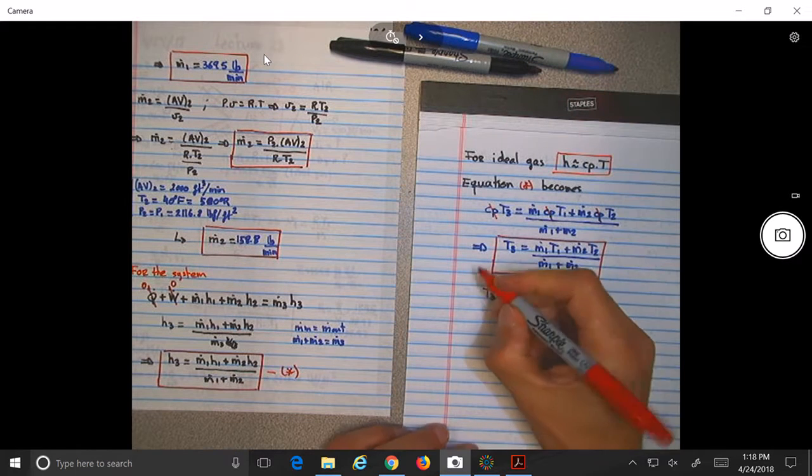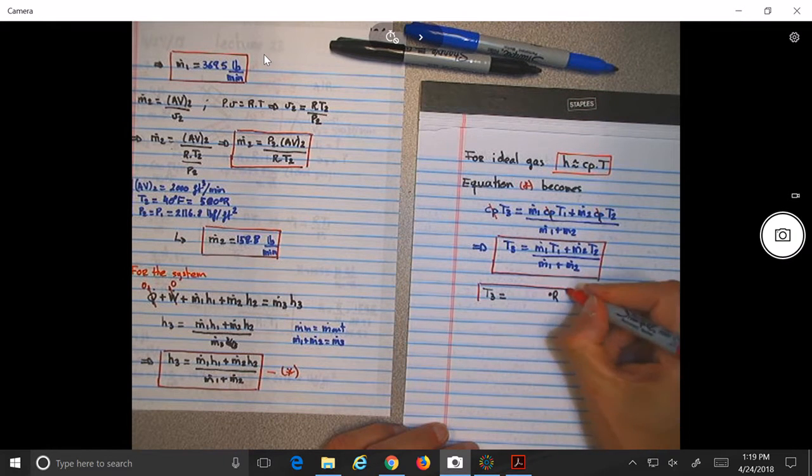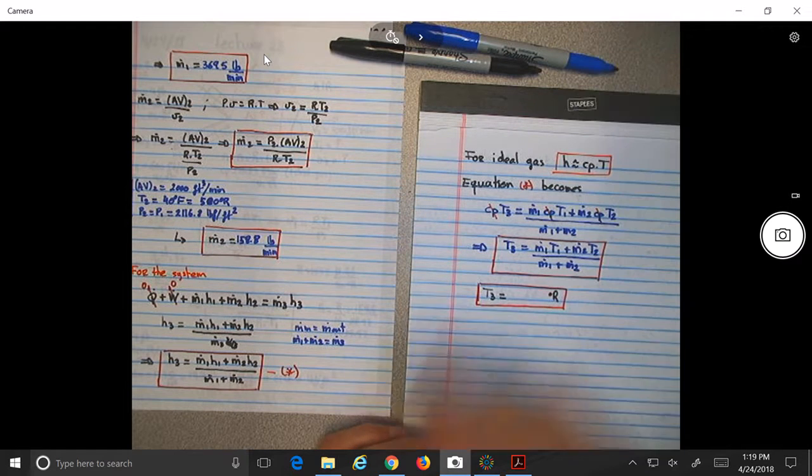So if you do the numerical application, you have everything now. We just calculate M1, M2. T1 is also given to you. I mean, you have all the data.